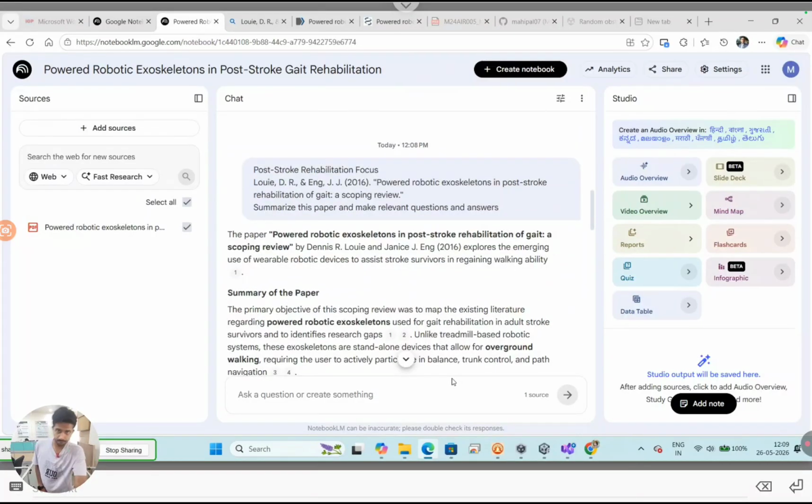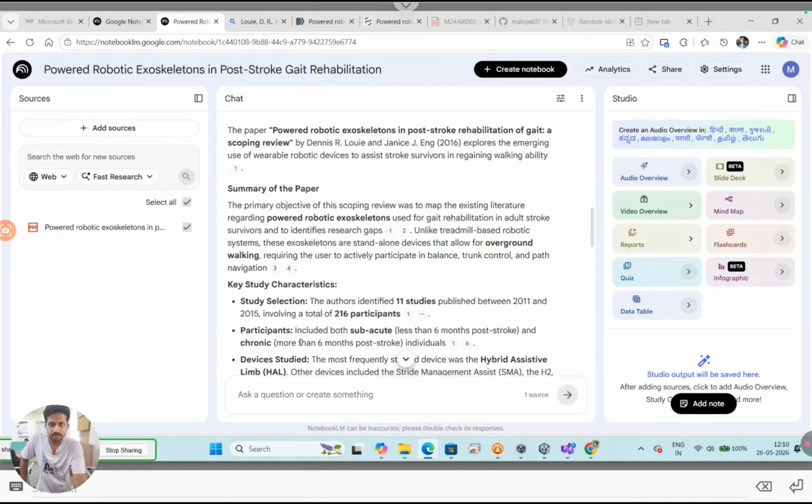So, the paper is Powered Robotic Exoskeletons in Post-Stroke Rehabilitation: A Scoping Review, an amazing use of wearable robotic devices. The authors are Dennis R. Louie and Janice Eng. Okay, these are the authors of this research paper.